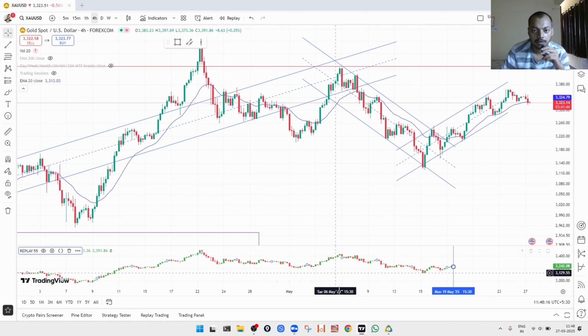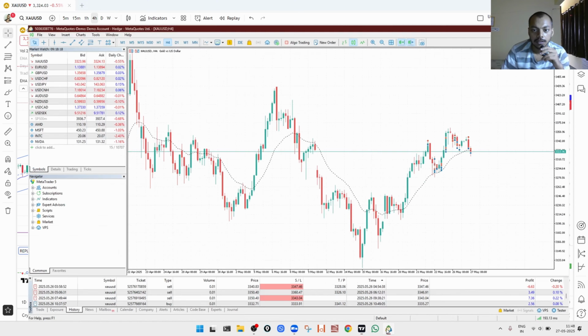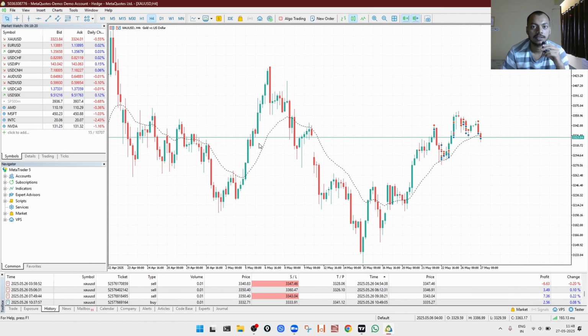So before coming to TradingView, let's see what all were the trades. So this is the MT5 terminal, if you guys are familiar with it, or else you can download it. It is a quite good terminal for traders, and the perk of it is that it is free of cost, and it has massive benefits.